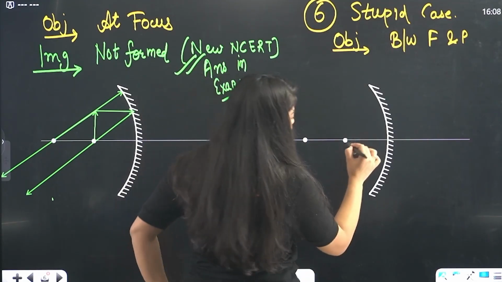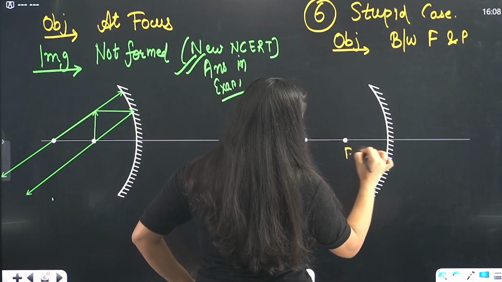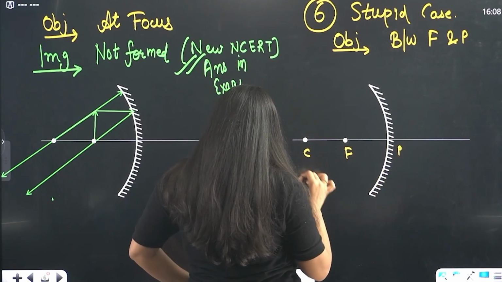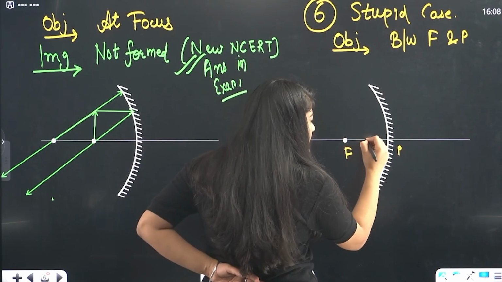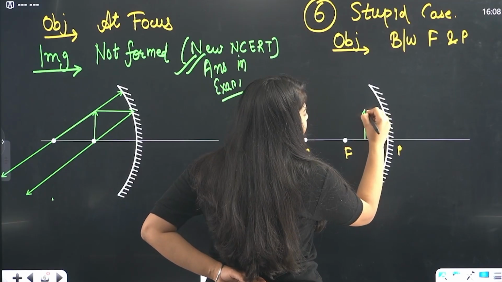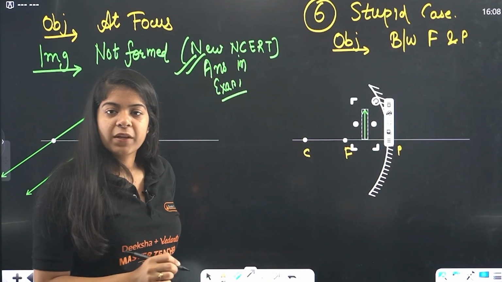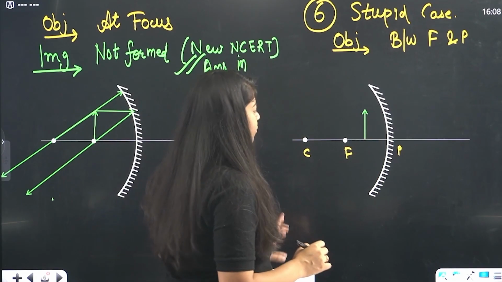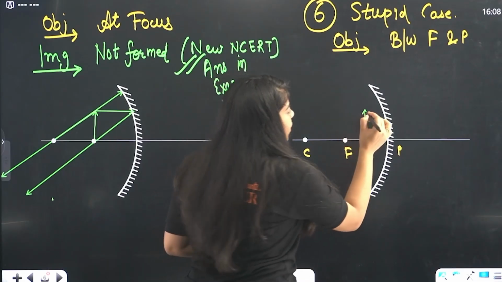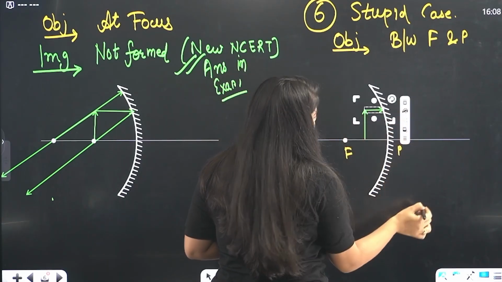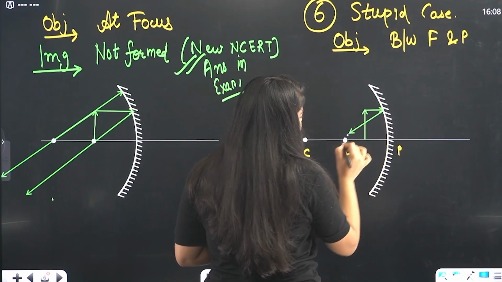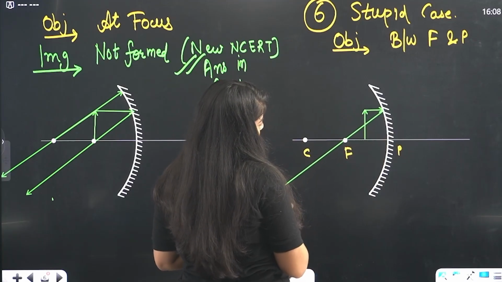So ma'am, do you mean this is my focus, this is pole, this is center of curvature? Do you mean the object is somewhere here? Yes, the object is here. Understood? Now ma'am, I know all the cases we learned that one ray will go parallel, and it will reflect back and pass through the focus. Very good, beta.